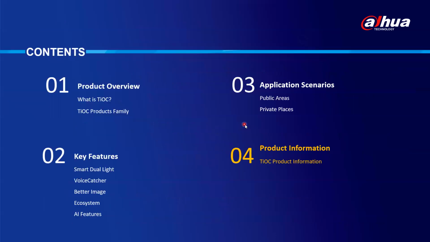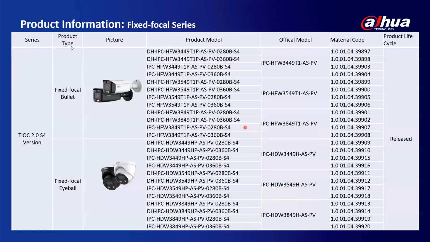So the product information for this, let's take a look at this. We have different product types, different series, different pictures, product models. We have different official models for the products and the material code, so that distinguishes between the different products. So this is the TiOC version 2, S4.